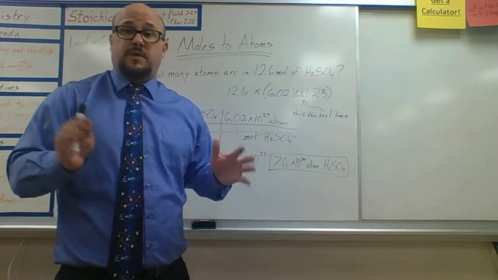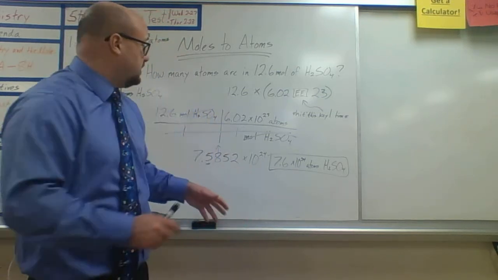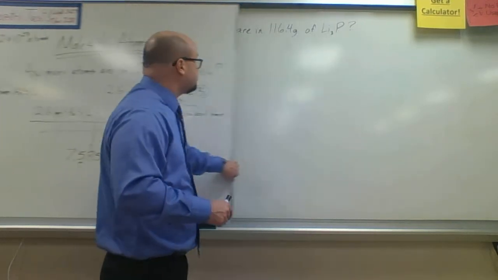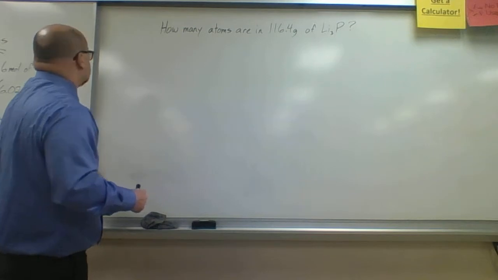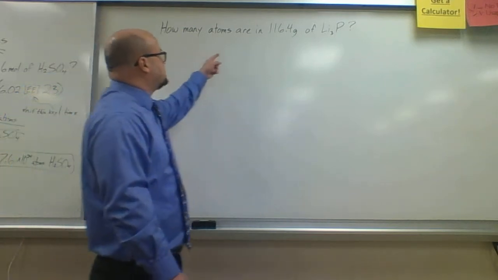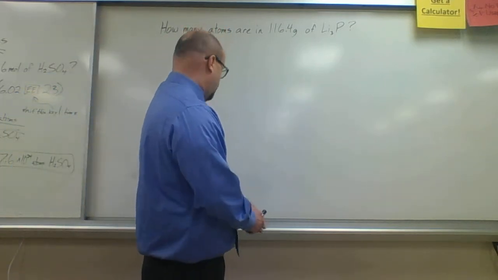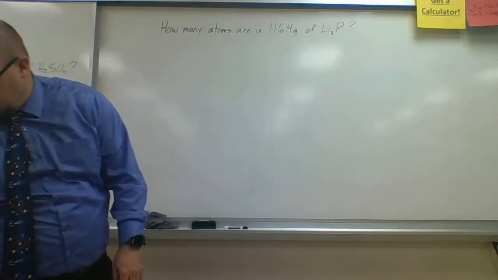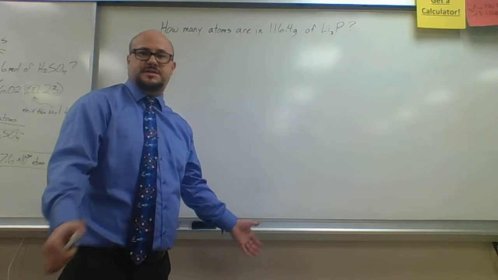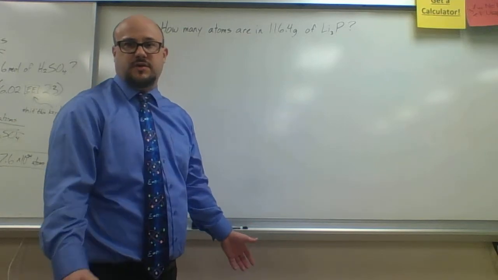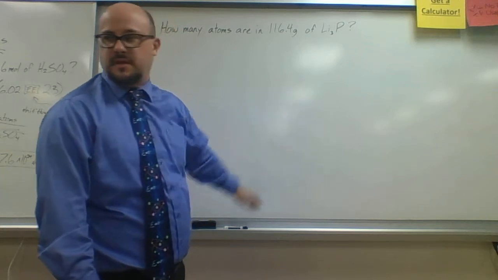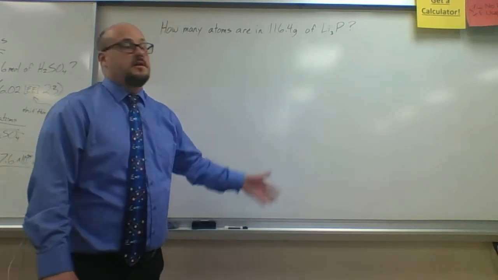Now, we can actually take this a step further and move on to a more complicated problem. For example, how many atoms are in 116.4 grams of lithium phosphide? We're going to use the same conversion, Avogadro's number, except this time we don't have moles, we have to get to moles. How do we get to moles from grams?